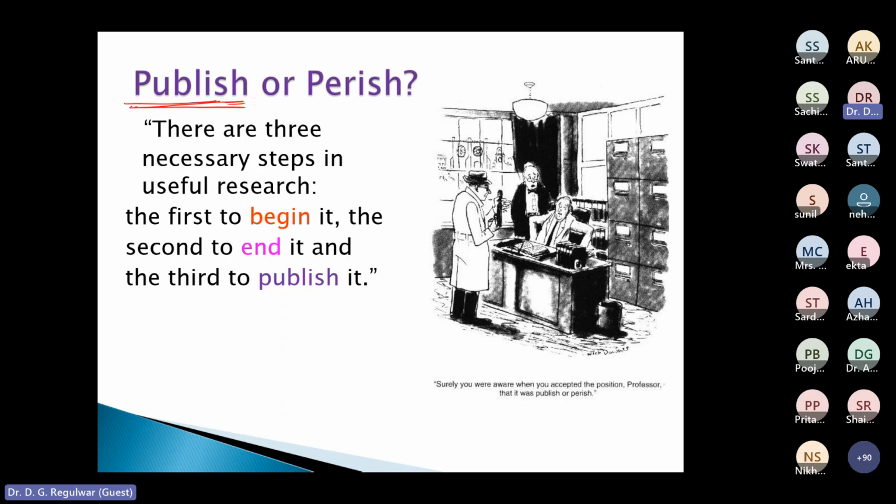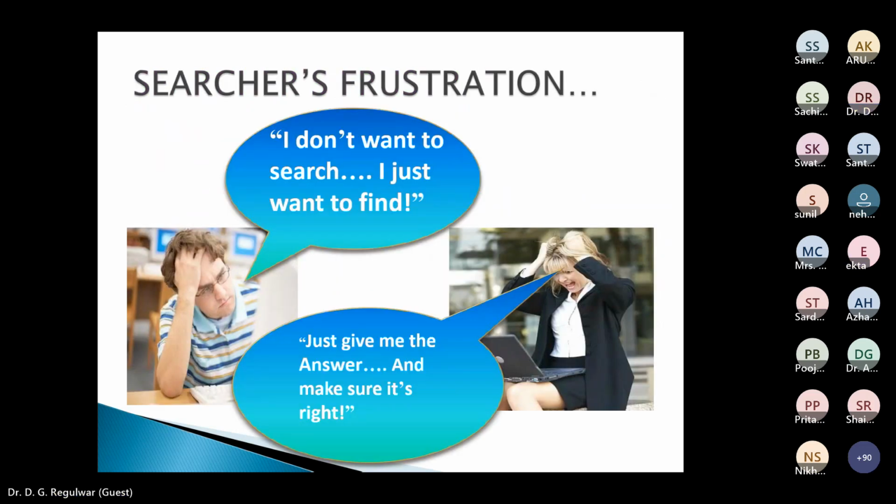So whatever work you do, do it very honestly, and then you should publish it. Okay. Then there are a few things, like the searcher's frustration. Simply if you read the words, you will understand what today's research scholars' requirements are.